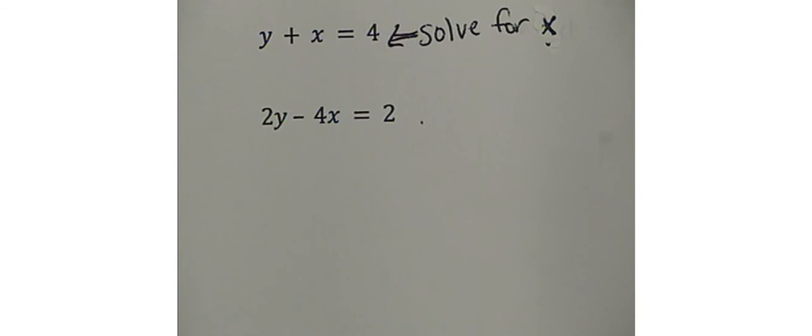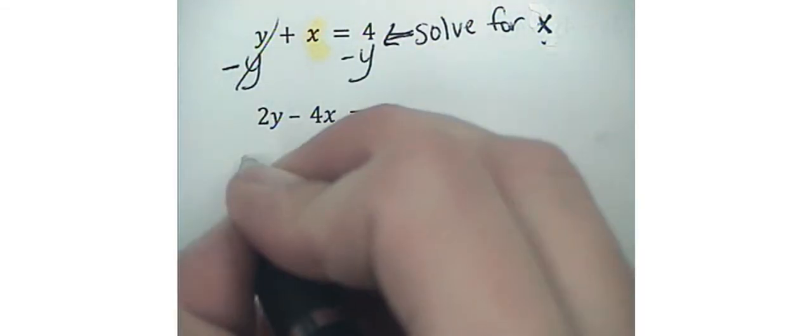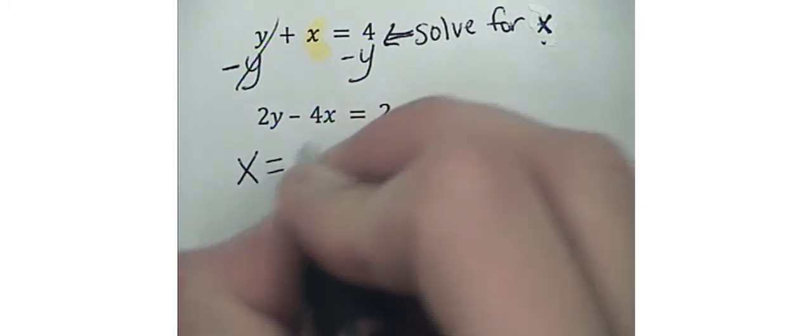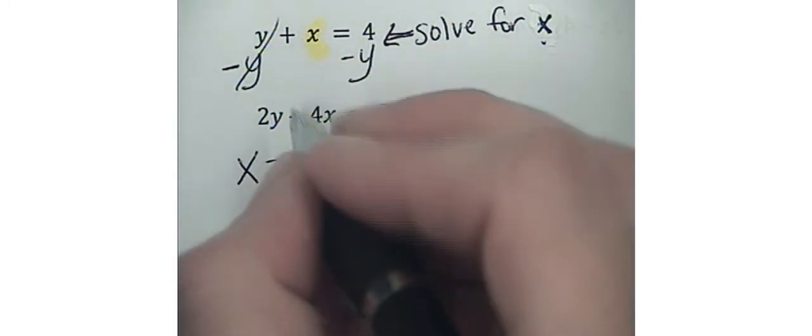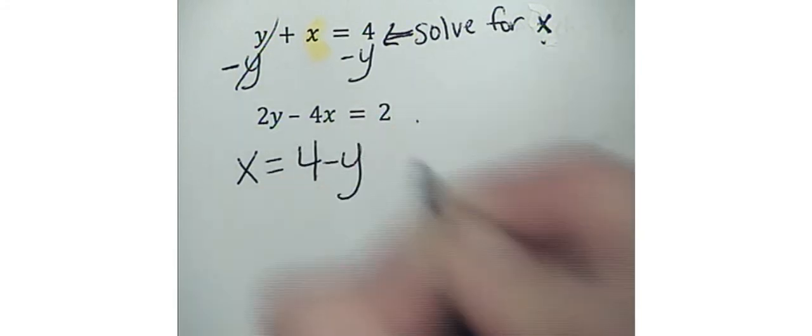So that means we want this x alone. So we're going to subtract y from both sides. These cancel. So I get x equals, order doesn't matter here, so negative y plus 4 or 4 minus y.